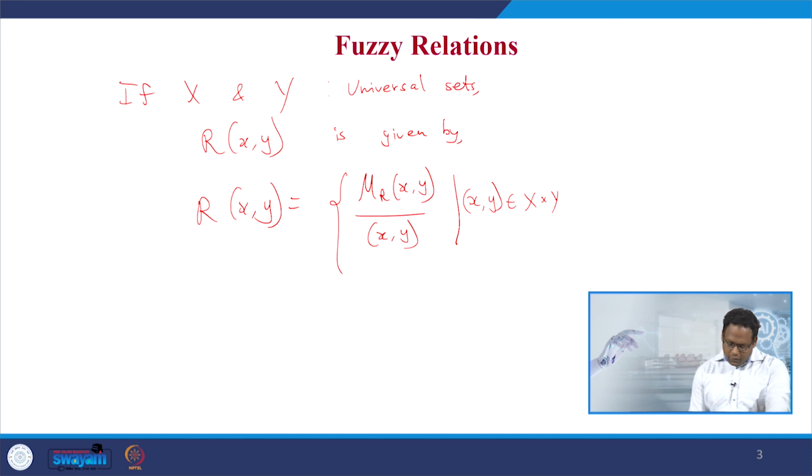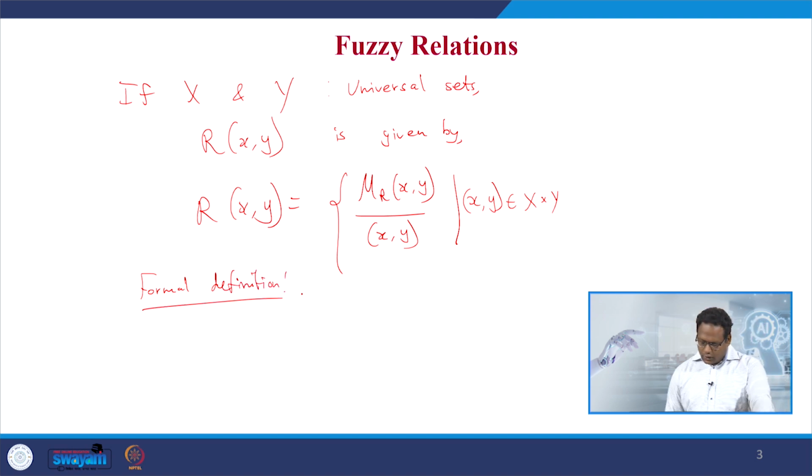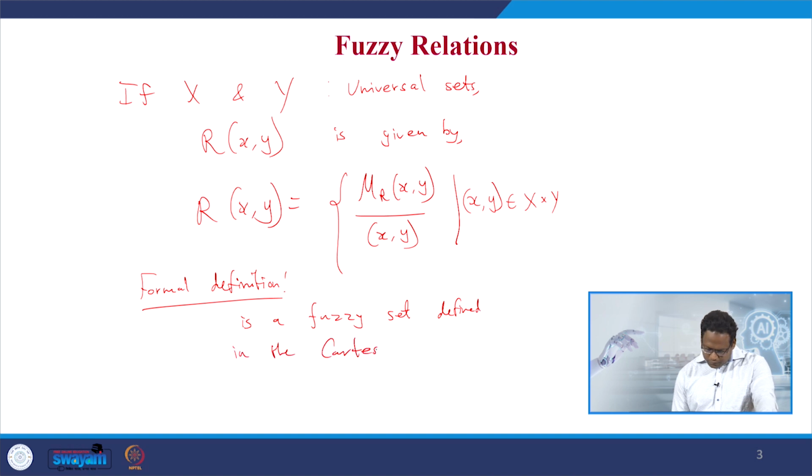Now coming to the formal definition of fuzzy relations. A fuzzy relation is a fuzzy set defined in the Cartesian product of crisp sets, say x1, x2, x3 up to xn.